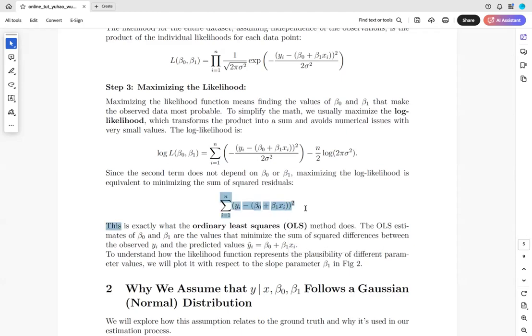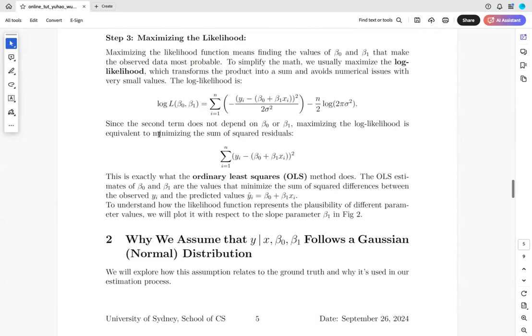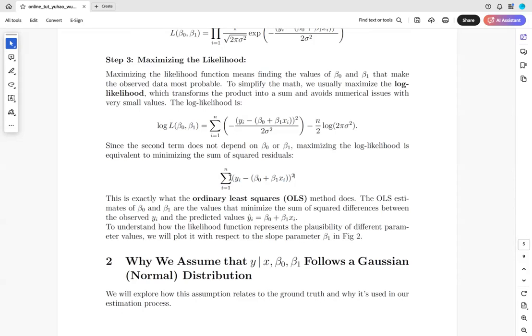Because if this is equal to 0, we are at our minimum point. In your case, you use the least square loss and find the minimum loss, and the gradient is equal to 0. So you use the least square loss to get the direct calculation for W and C. For this case, we assume a normal distribution for Y and go through the mathematical process, and the final result is also an optimization of least square. So these two are actually the same thing.